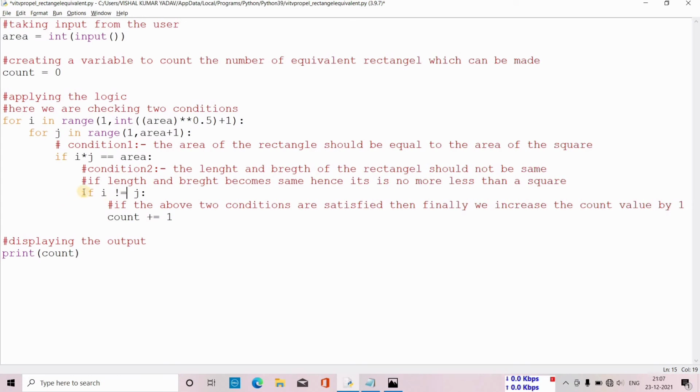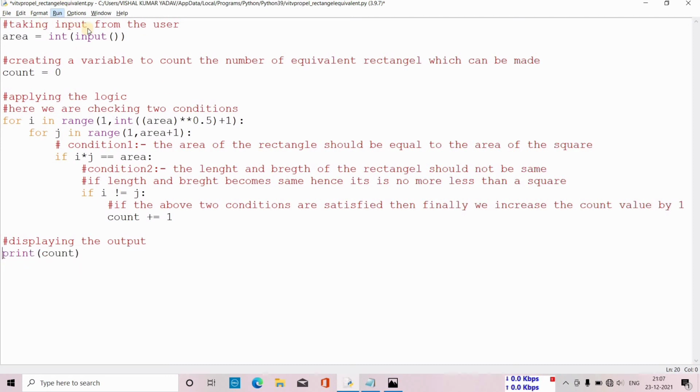So if the above two conditions are satisfied, then finally we increase the count value by 1. After this entire loop I'm printing the final output, print count.